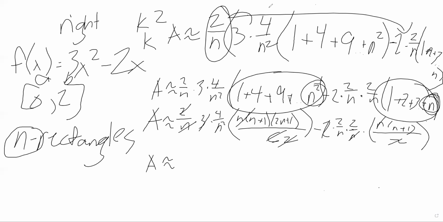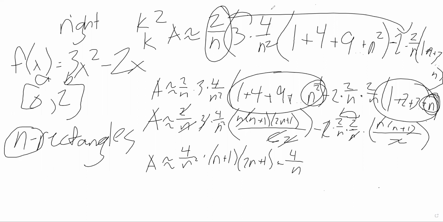Now that we have our somewhat simplified version, we have 4 over n squared times n plus 1 times 2n plus 1 minus, I'm just going to multiply these two. We get 4 squared, not 4 squared.